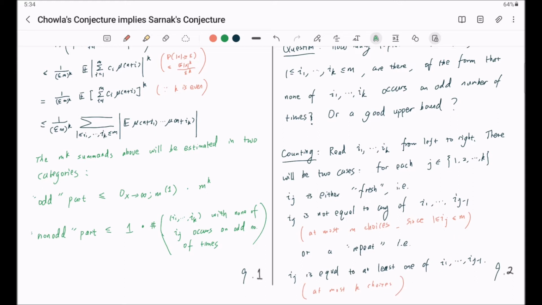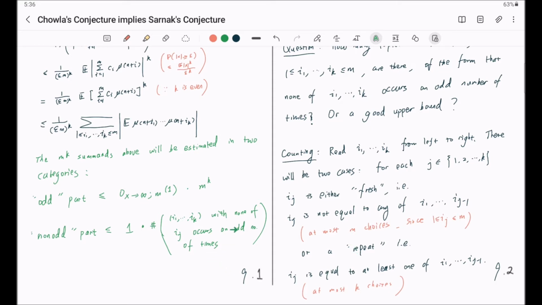Okay. Those are the cases for I sub j. We are also interested to know how many tuples I1 through Ik could fall into those two cases. Now we are going to bound this number with our fresh or repeat counting.